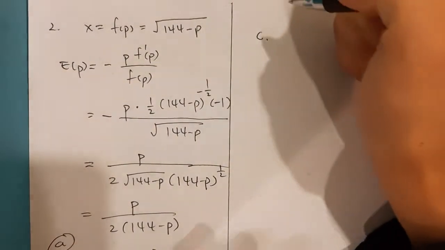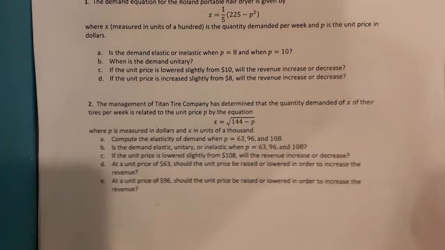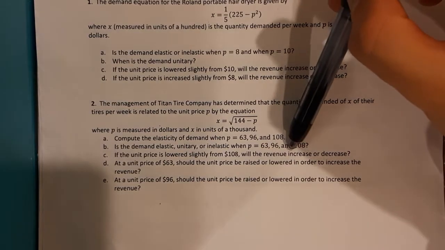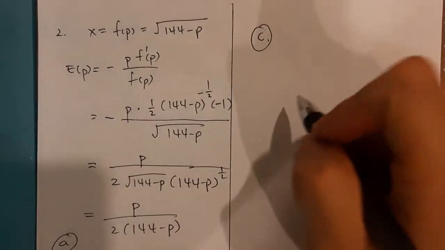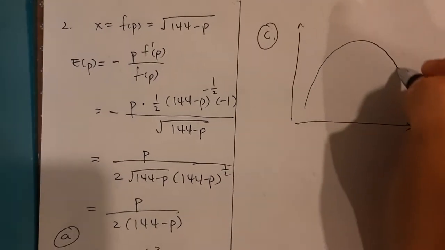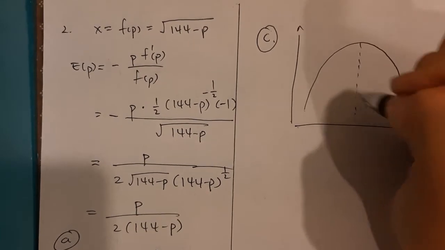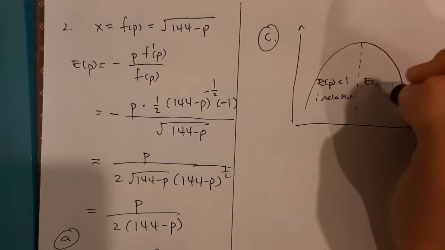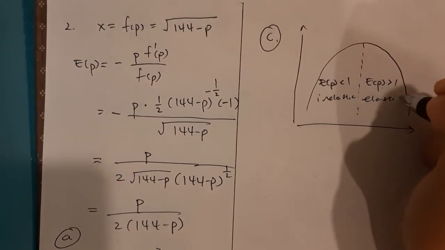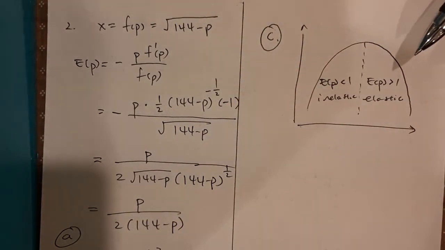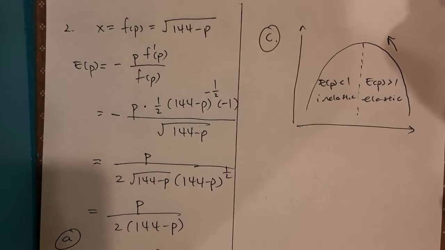Now letter C. If the unit price is lowered slightly from 108, will the revenue increase or decrease? Here we also use the graph. On the left, E of P is less than 1, inelastic. On the right, E of P is greater than 1, elastic. So for 108, it's elastic, so it's on the right side. If it's lowered slightly, then it's in this direction.